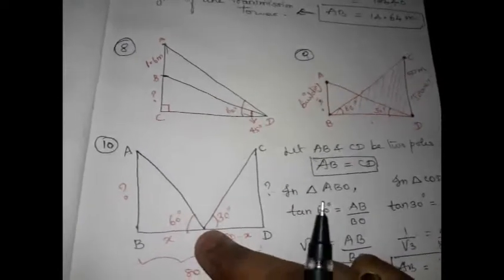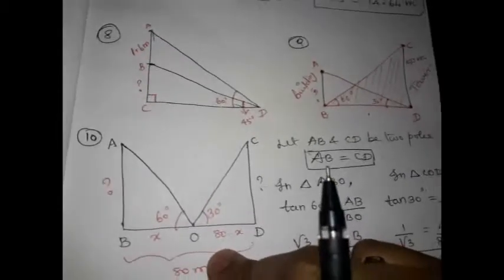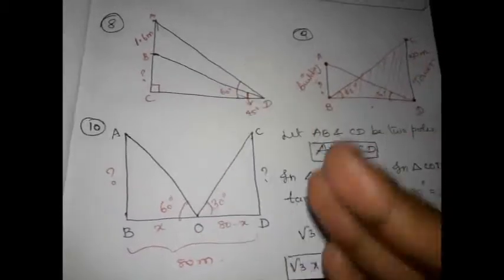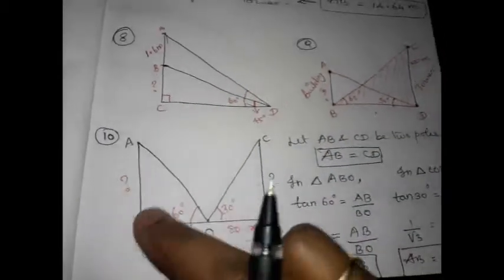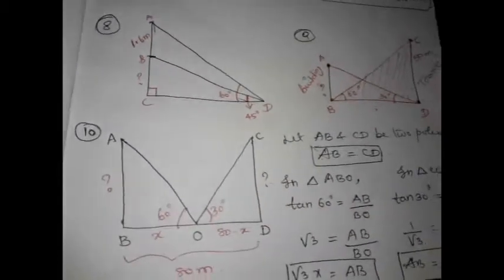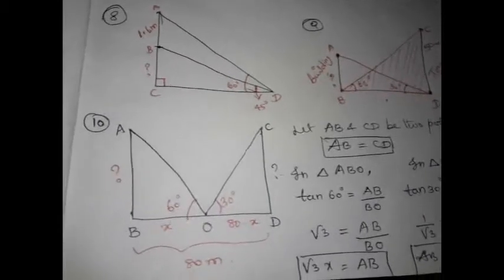It's not a middle point. From the point in between the road, we need to find the distance. So clearly on looking at the diagram, we can apply the tan ratio here to get our AB, and similarly here, and then we can correlate and get our answer.